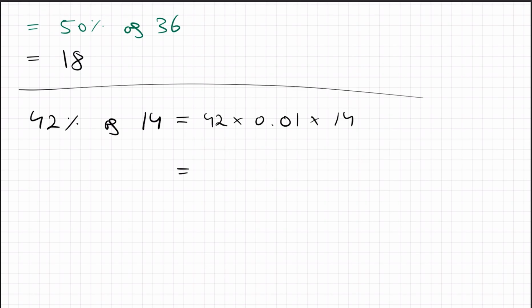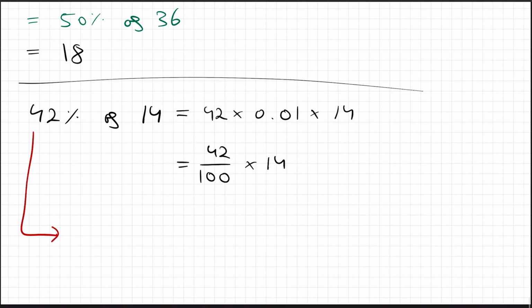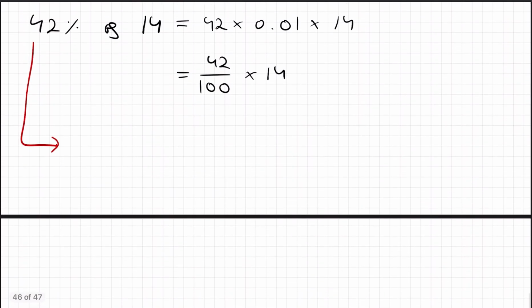So we know 0.01 is the same as 1 over 100, so this is just 42 over 100 multiplied by 14, and that's just going to come out to whatever this is if you type this into your calculator. So hopefully you can see, you can just rewrite this 42% as just 42 over 100. Like so.